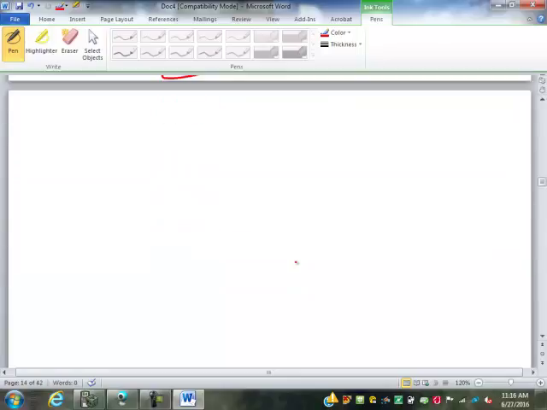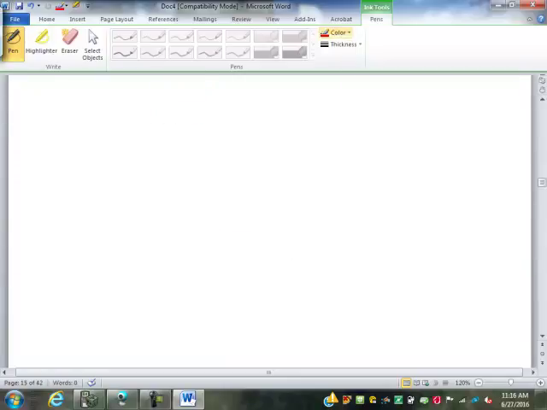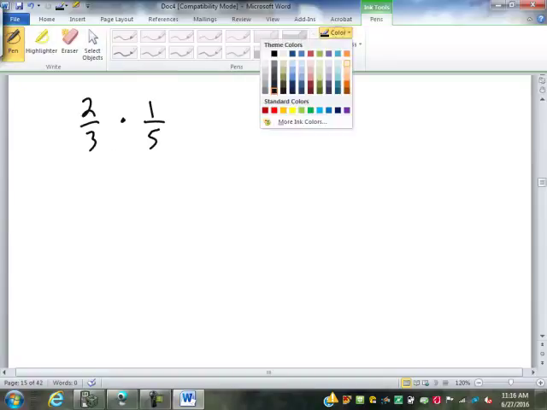Well then, let's look at multiplication. Multiplying 2/3 times 1/5. When we multiply, do we need the same name? No, we do not need the same name. When we multiply, we simply combine the counts, and then we also combine the names.